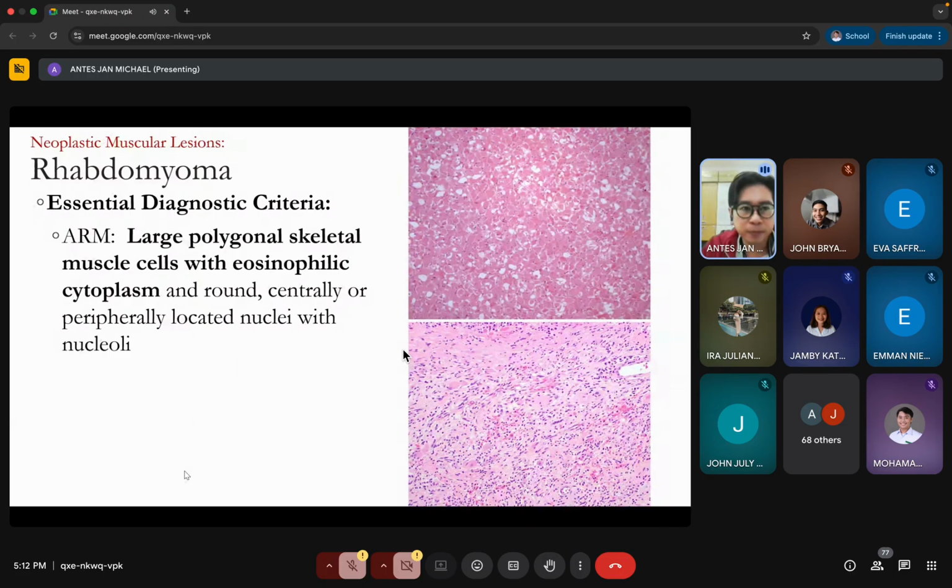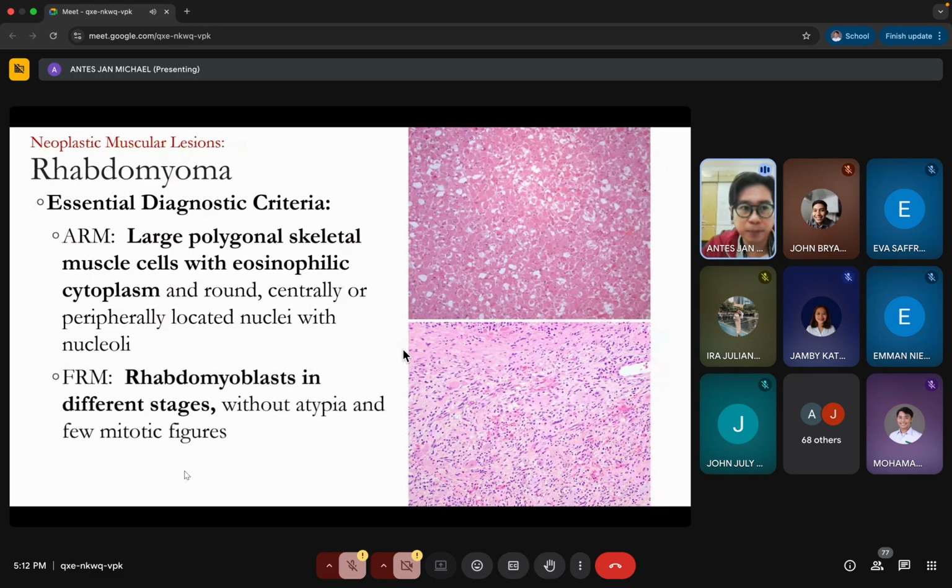And in FRM, you will see rhabdomyoblasts in different stages. So it may appear as round, and then you can also see some strap cells, but generally it's more round to spindle shape. Now, since this is a benign lesion, you will not expect to see atypia and mitotic figures.